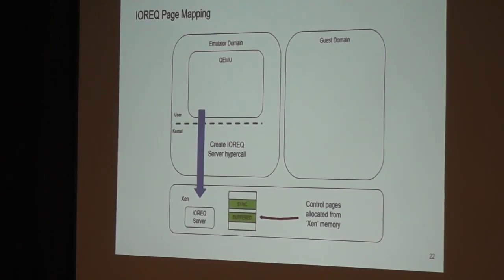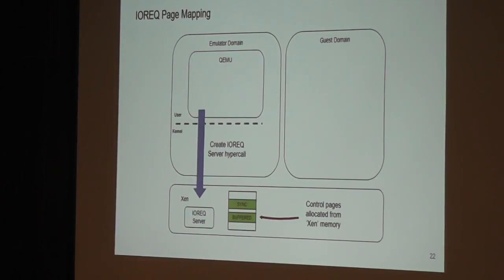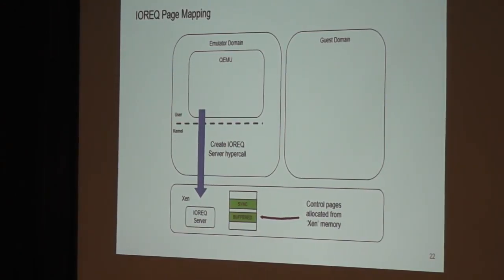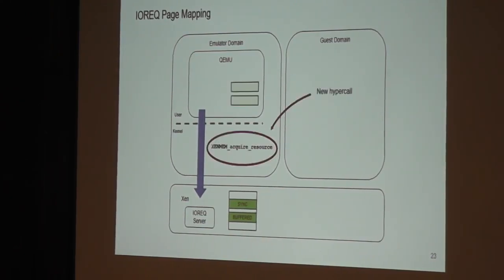So now, when you set up an XenServer, the pages are not allocated in guest memory. The sync and buffer pages are allocated directly by Xen, and you use the new hypercall to map those into QEMU's memory space.